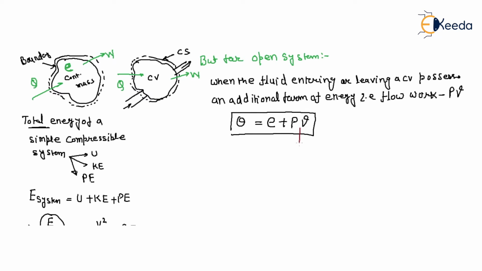So this is the work done in pushing the fluid element. Why element? Because we take a property with the same pressure, volume, area, always an element across the boundary.